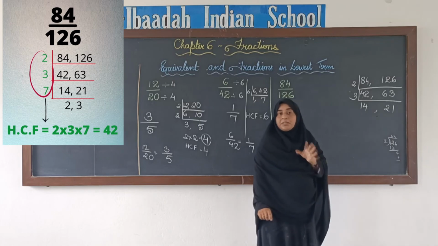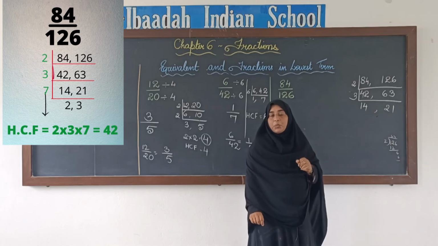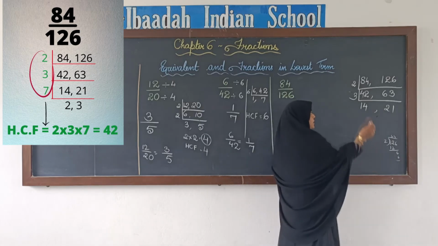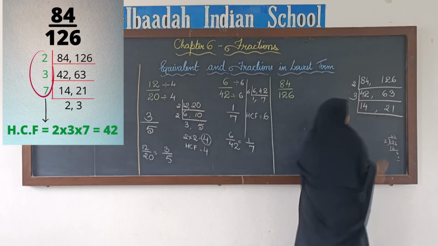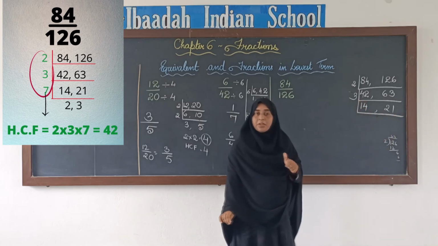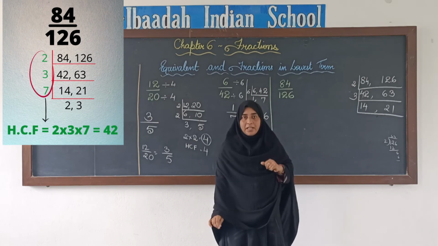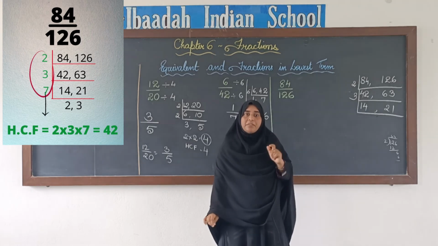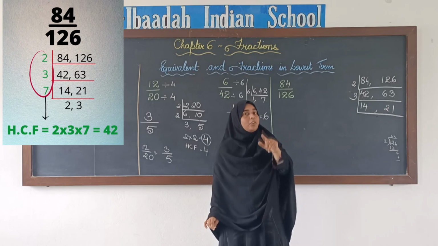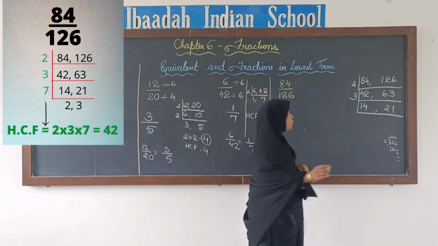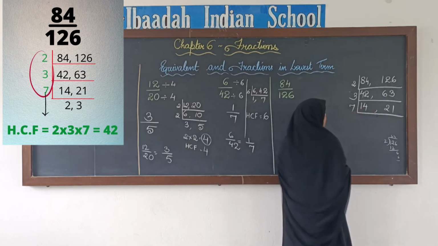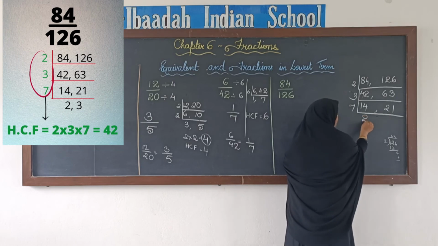Do we have a common factor for 14 and 21? Yes, that is 7. 7 will divide 14. In the table of 7, you find 14 as well as you find 21, right? So 7 will divide 14 and 7 will also divide 21. So divide with 7. 7 2s are 14.